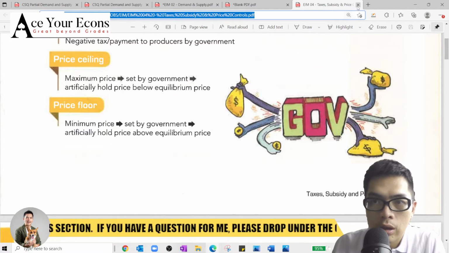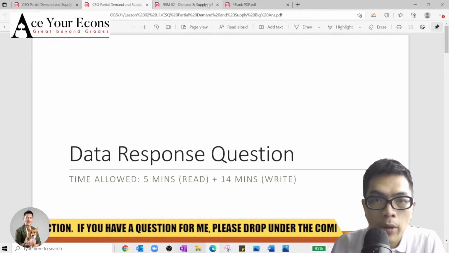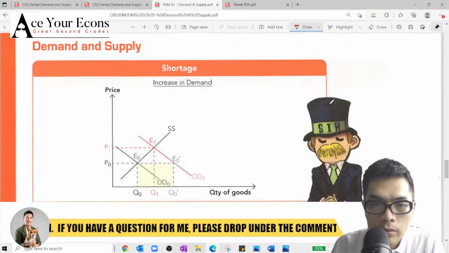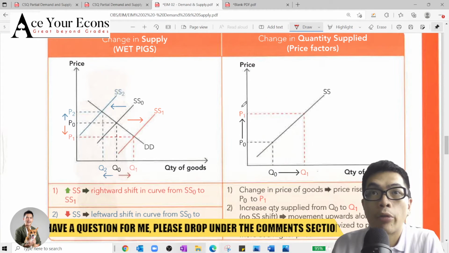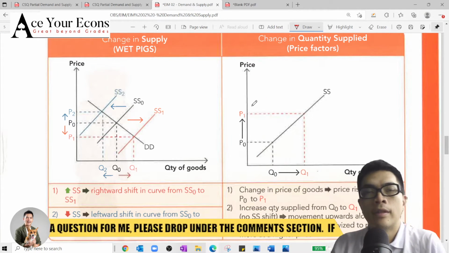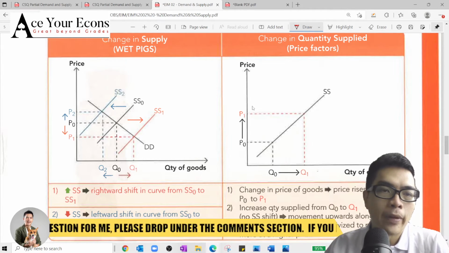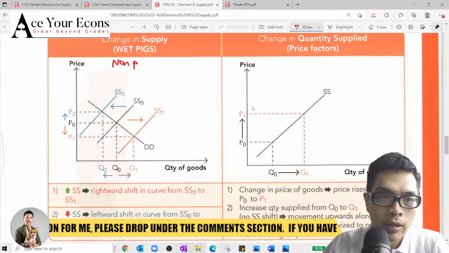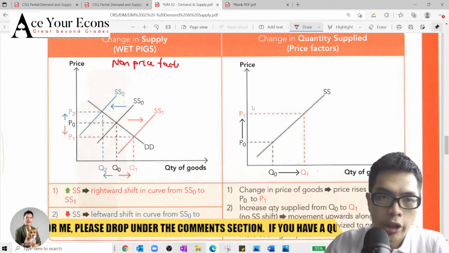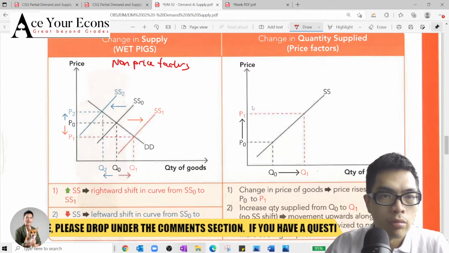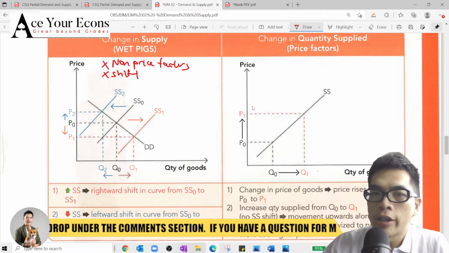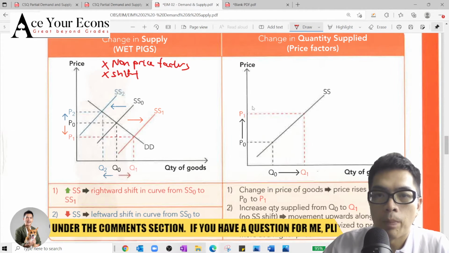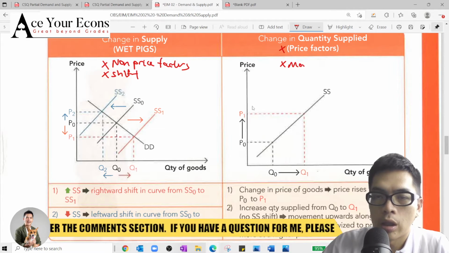I'm going to close this. Important, likewise for supply, we need to distinguish between the two. A change in supply, or what we call a non-price factor, will cause a shift, whereas a change in quantity supplied, or what we call a price factor, is what we call a movement.